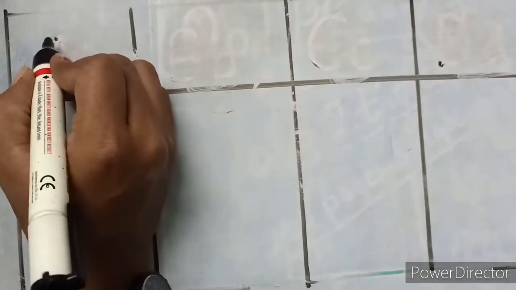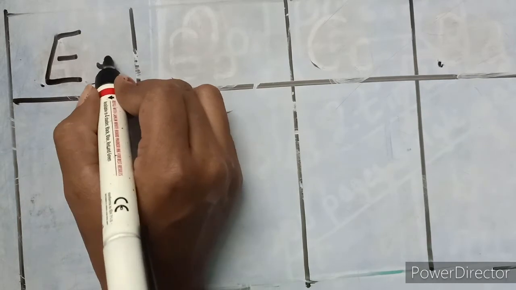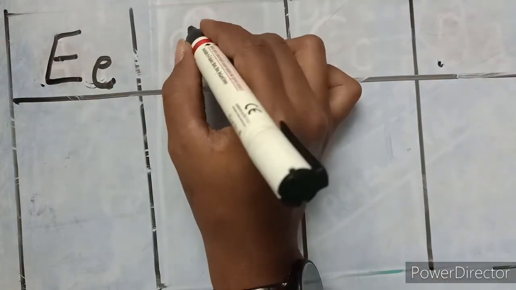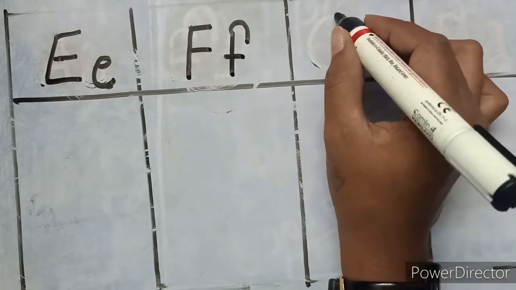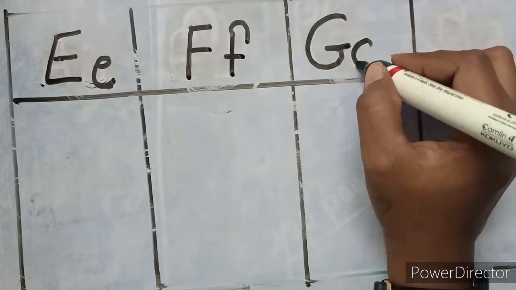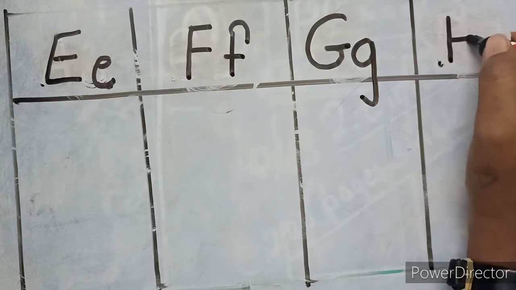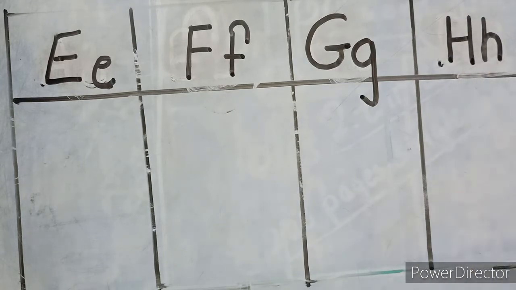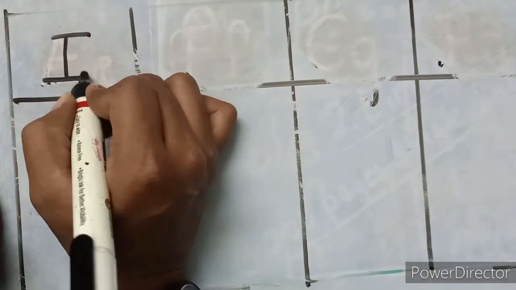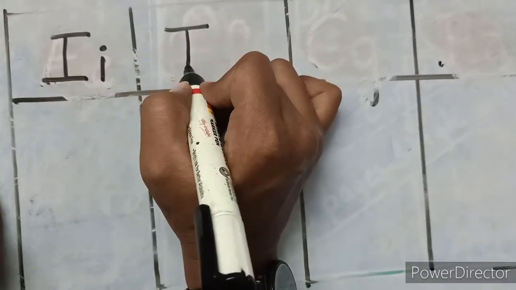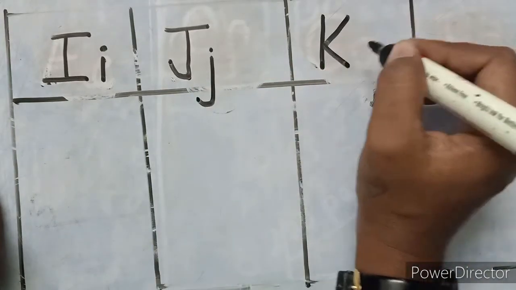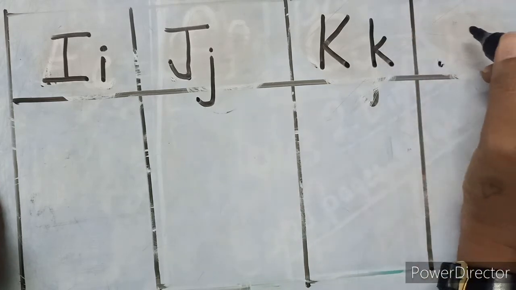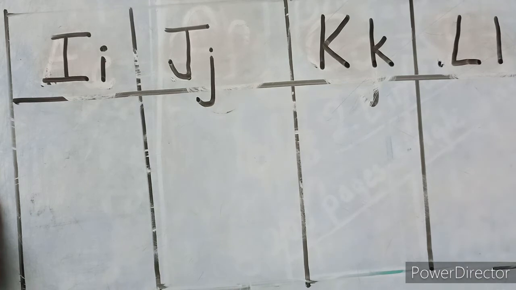Next page, again you have to write capital E, then small letter e, capital F, small letter f, capital G, small letter g, capital H, small letter h. Okay, then we'll write capital letter I, small letter i, capital letter J, small letter j, capital letter K, small letter k, capital letter L, small letter l.